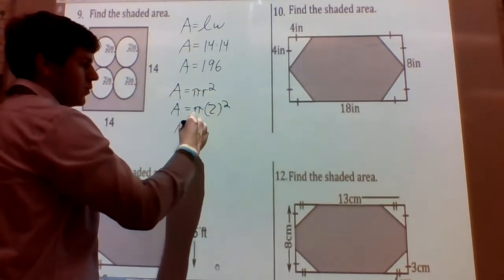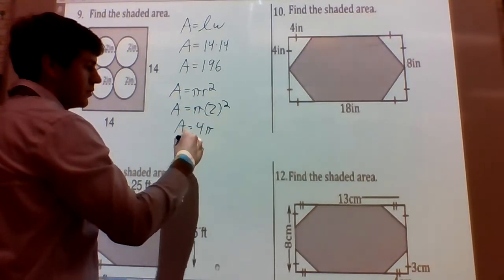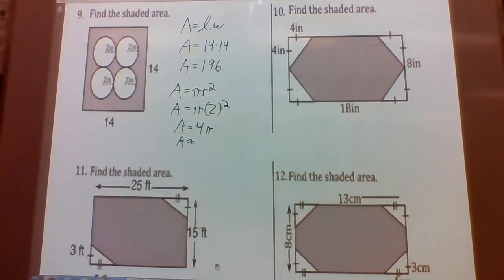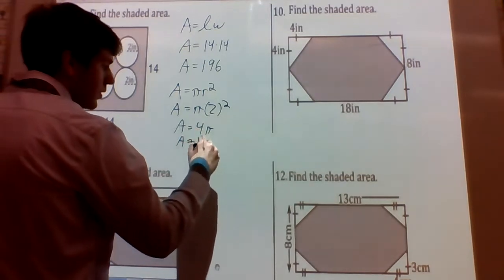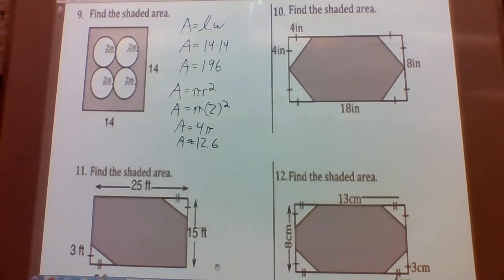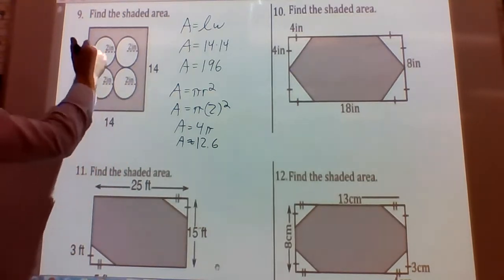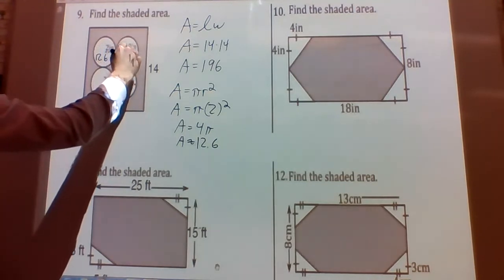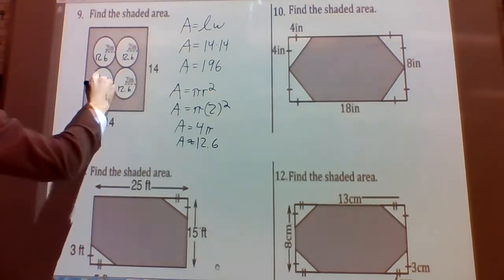So our area is 4 pi, which turns out to be approximately 12.6. So we have the rectangle, and then we have 4 of these. So this is 12.6, this is 12.6, 12.6, and 12.6.